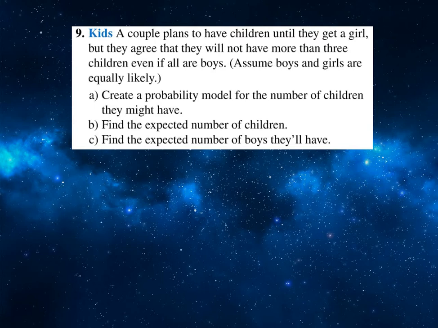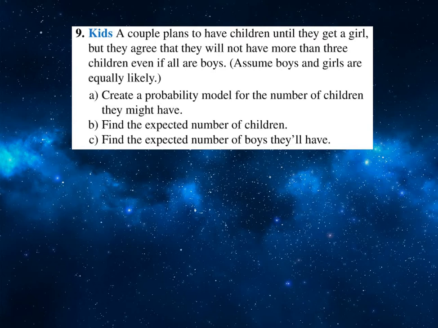If I had a boy, but then I had another boy, I'm going to do it again. So if I have a boy, a boy, and then a girl, I'm going to stop, right? What's the probability of having a boy, a boy, and a girl? 1/8. I just think it's easier because sometimes looking at the fractions is a lot easier. You're not rounding, you're not taking up as much space.